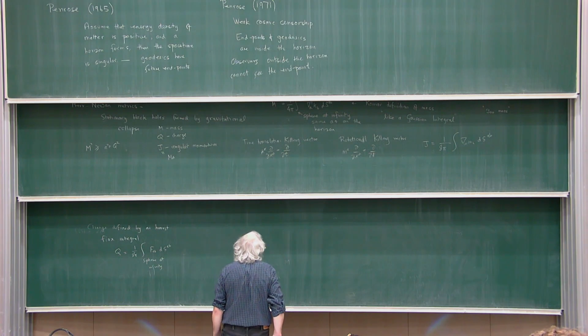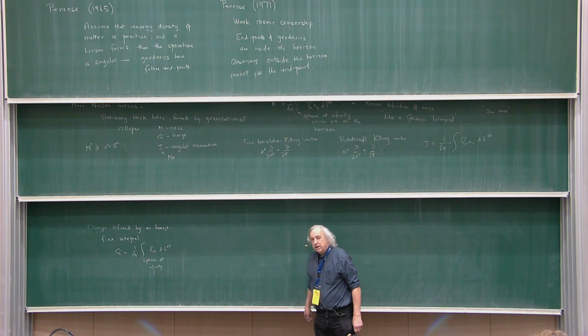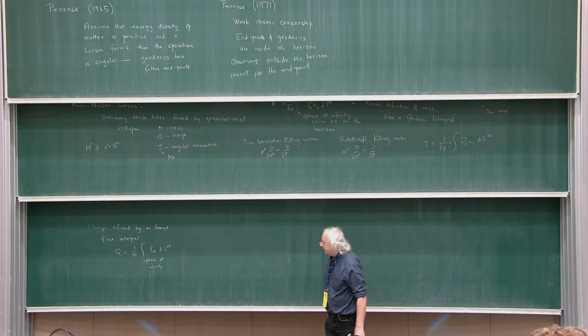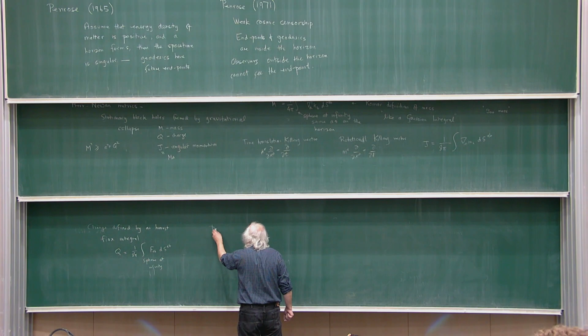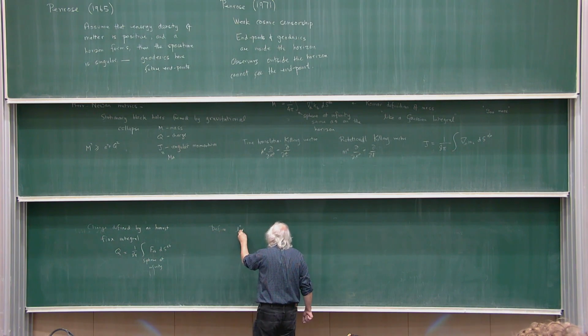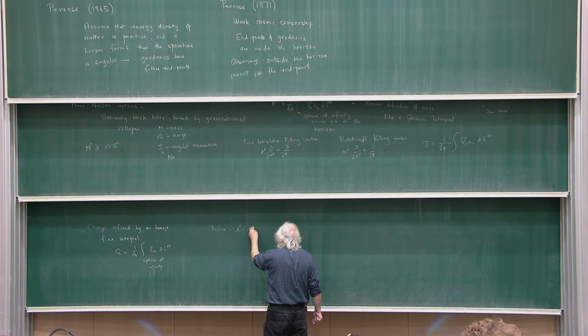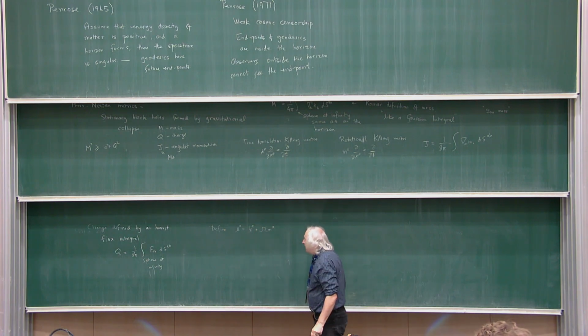The very first is that linear combinations of k and m are also Killing vectors. So I want to define l^a to be k^a plus ω times m^a, where l^a is going to be null on the horizon.